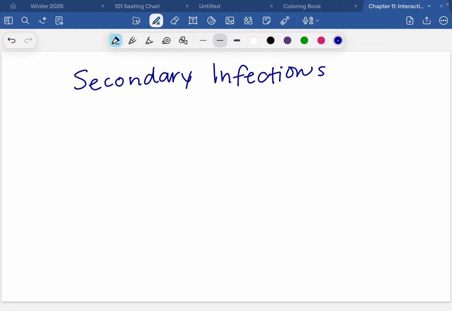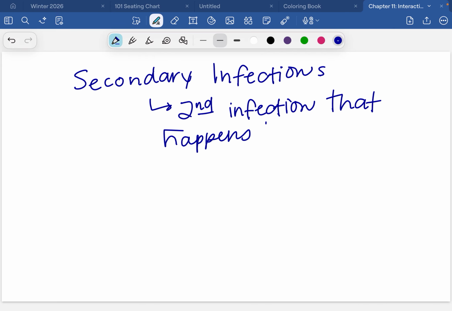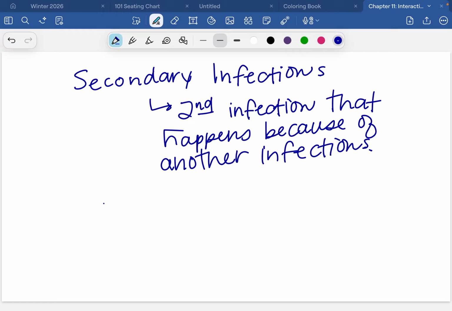Okay, so as you can probably tell by the word secondary infection, it's a second infection that happens because of the first. Because of another infection. So a really great example of this, and something that happens a lot, is pneumonia after the flu.